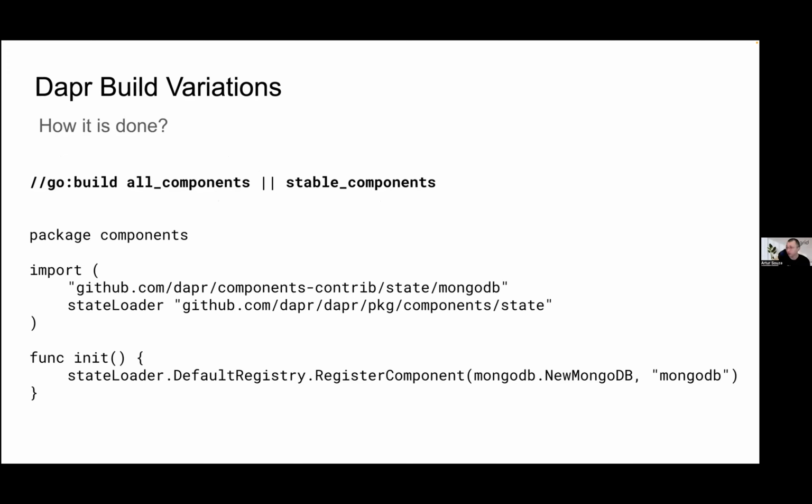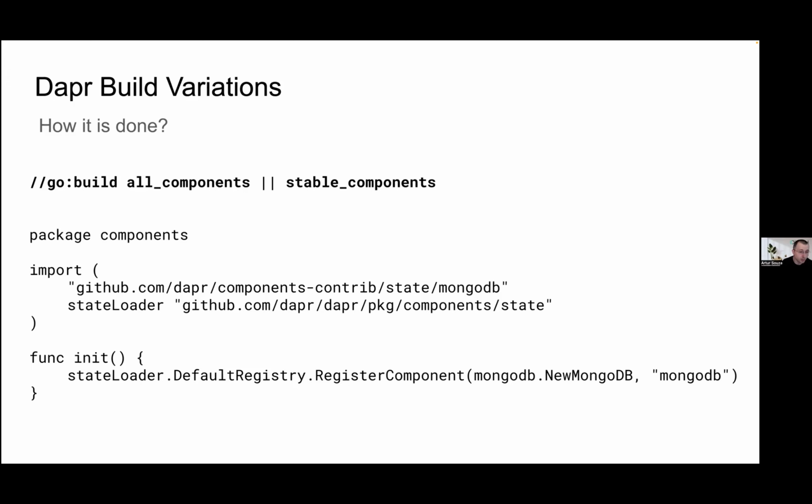And as a contributor, how do I use this? Well, when you build a component, one of the last few steps in the end is to register the component in the runtime. That's done in the Dapr repository. And now every component must have the Go build tags on the top.